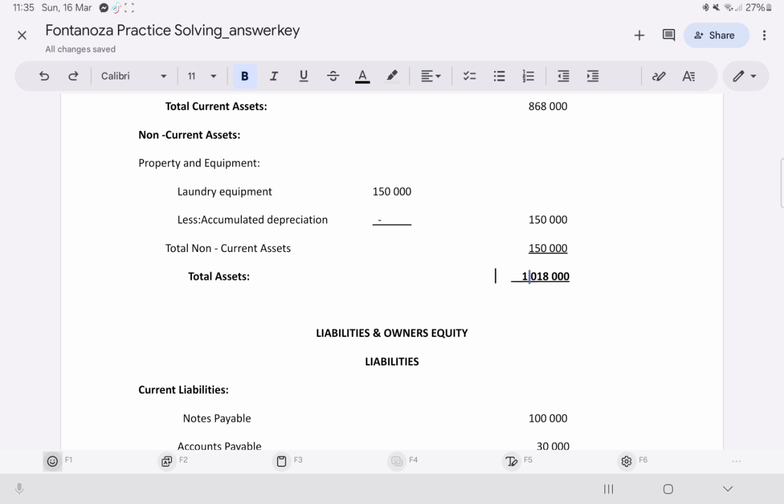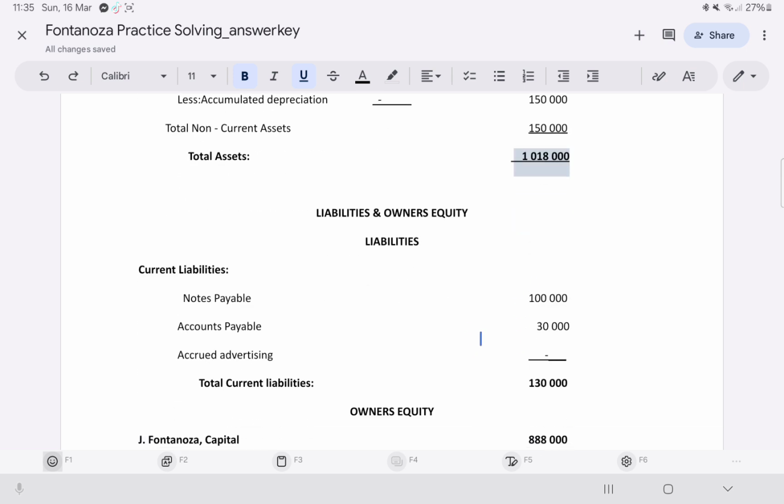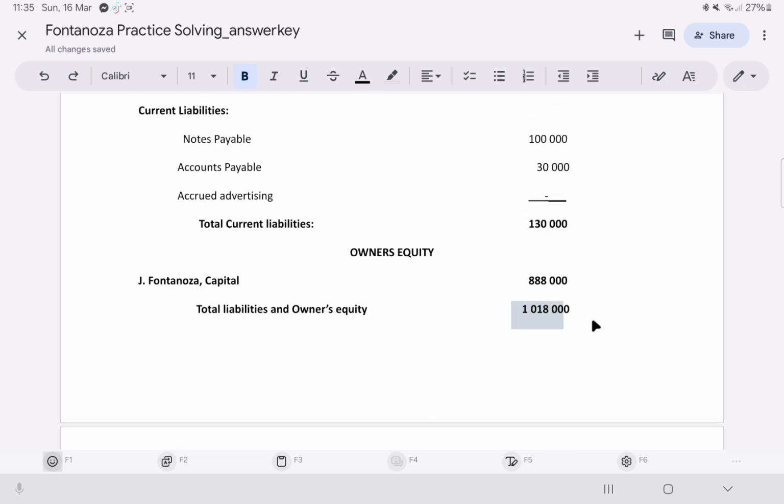So this is a double line supposed to be 1,018,000, and double line in the total liabilities and owner's equity.